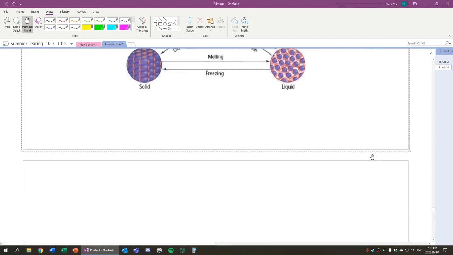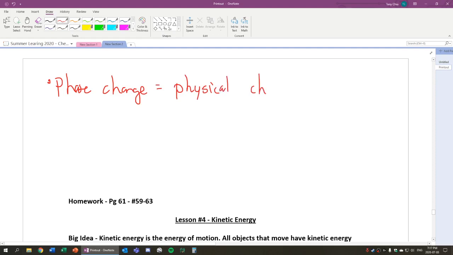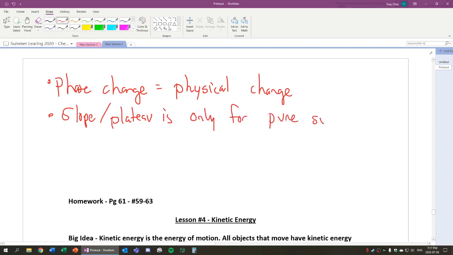Now here's the thing though. To finish up the lesson, phase change equals a physical change. But not only that, but the slope slash plateau is only for pure substances.